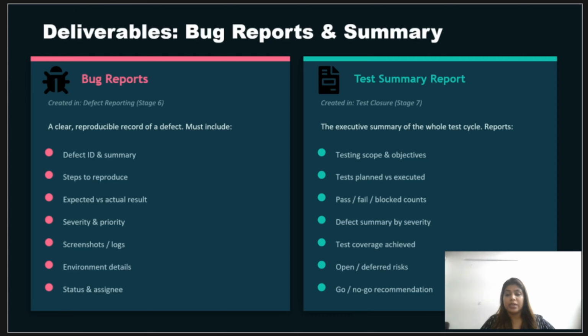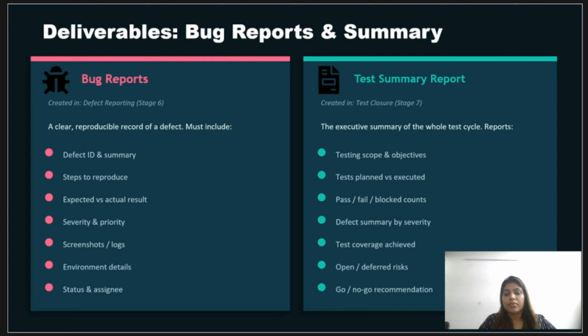Severity and priority, the distinction that we just discussed. Screenshots, log, video, some visual proof or technical detail. The environment details: the browser, the operating system, build version, device. Then the status and assignee is where it is in the life cycle and who's the owner at that specific stage.